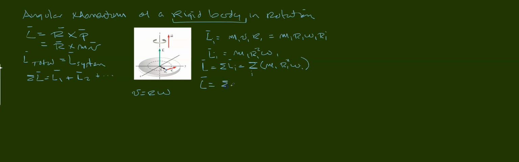So this is just the mass and the position of each particle times omega, which is the same for everybody. And if you remember, this sum is equal to the moment of inertia. So what we discover is that the angular momentum of this body is the moment of inertia times omega.